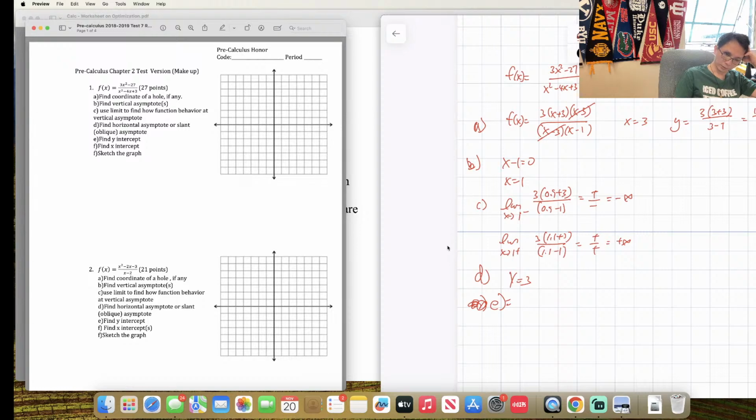Just the top line, so divide by 3. So it's just negative 3, x. You only use the numerator, so it would be x plus 3 equals 0, so x is negative 3. So it's negative 3 and 0.